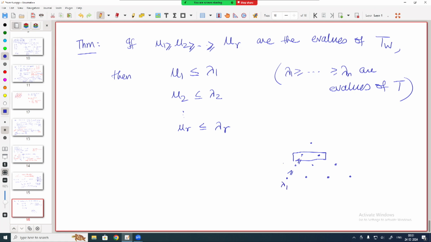So this is my lambda 1, that is my mu 1, and lambda 1 will be bigger than mu 1. Likewise, if this is lambda 2, that is more than this, so lambda 2 will definitely beat mu 2 and so on. Interlacing just means that I have those inequalities. So what this finally implies is that the first r eigenvalues of the truncation are bounded above by the first r eigenvalues of T.